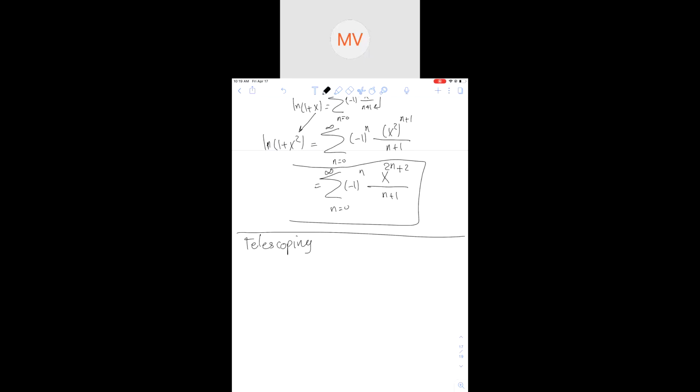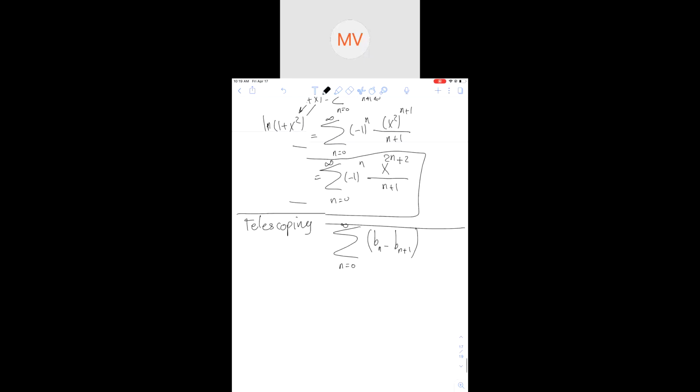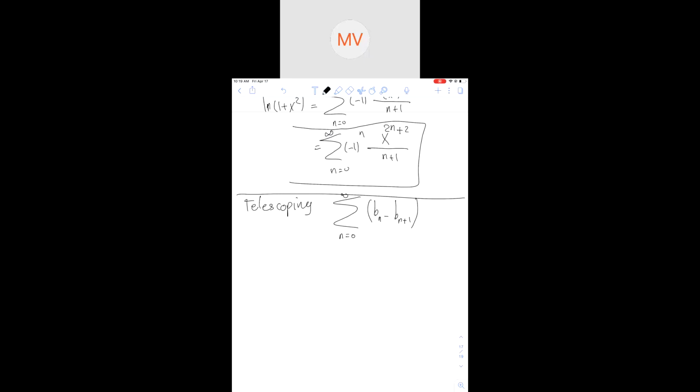Telescoping series in general have this form. You can write them as b_n minus b_(n+1), from 0 to infinity, or 1 to infinity, it doesn't matter. Because if you consider the partial sum of this, the limit of b_n minus b_(n+1) from 0 to capital N, as capital N goes to infinity.